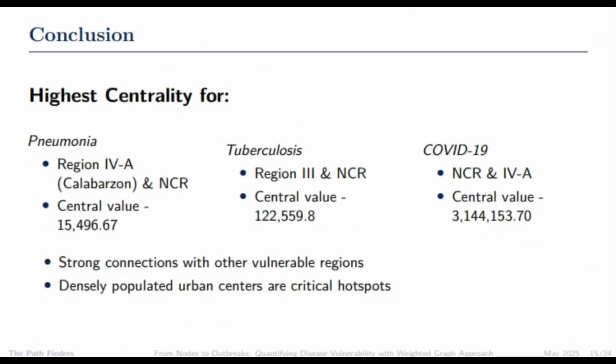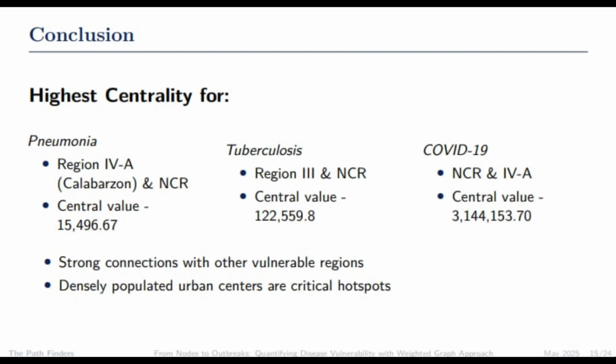Continuing to the conclusion, this study analyzed the vulnerability of Philippine regions to pneumonia, COVID-19, and tuberculosis using a spatial network model that does not rely on individual travel or mobility data. By employing a weighted graph approach, specifically inverse distance weighting or IDW, and degree centrality, the researchers evaluated how regional dynamics influence the spread of airborne diseases.